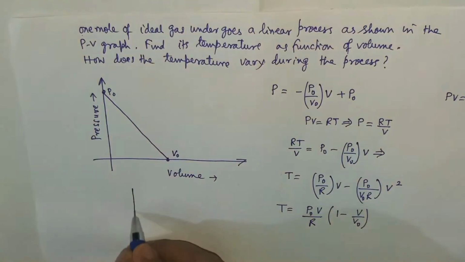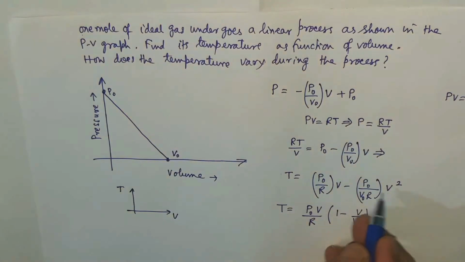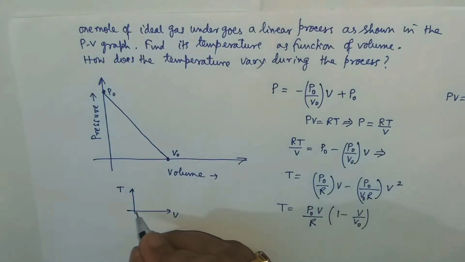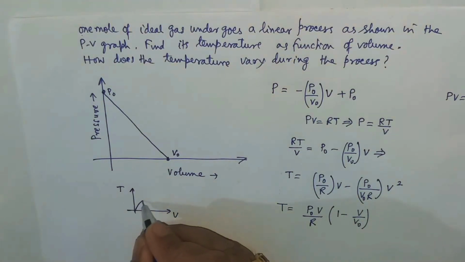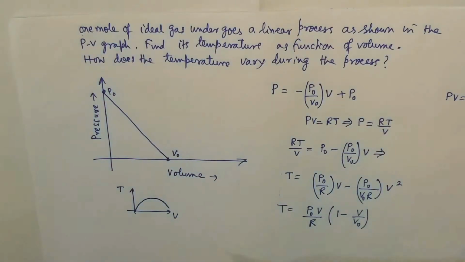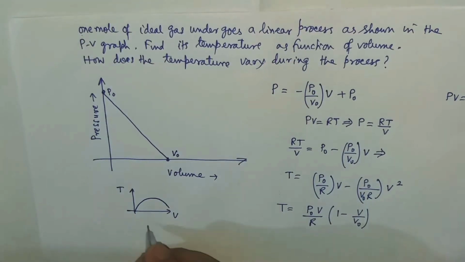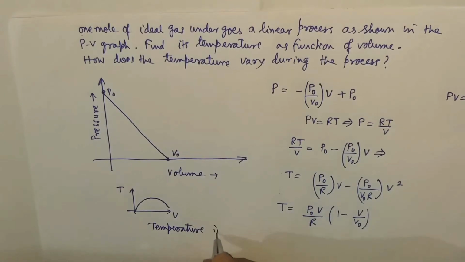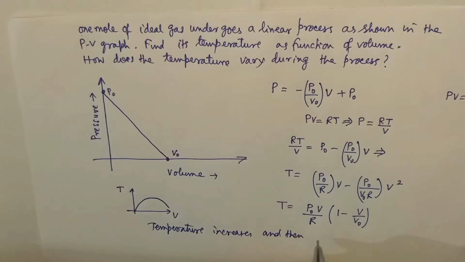So if you try to draw a temperature versus volume graph at V equal to 0, T equal to 0, although T equal to 0 is very absurd here, so you have it like this. So that means you can say that the temperature first increases and then decreases during this process.